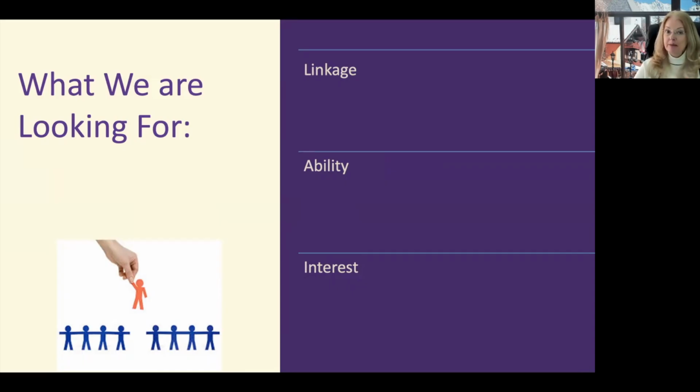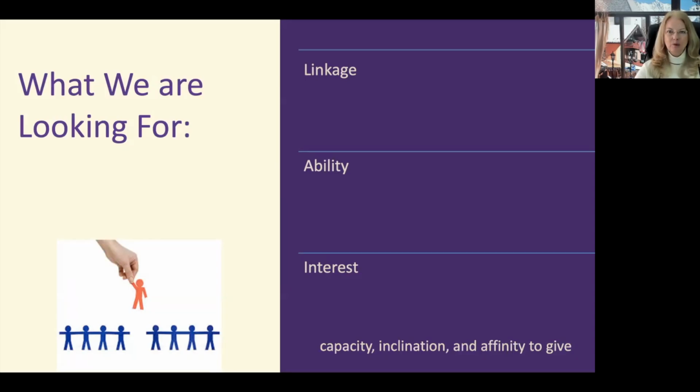She definitely had the ability. She had 2 family foundations that she was on the board of, but she did not have an interest. She had a linkage because she lived nearby the location where it was based, but she had no interest at all.